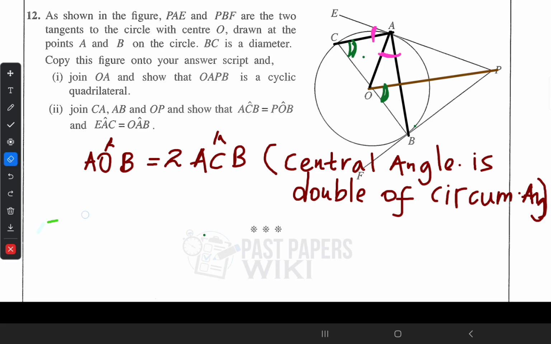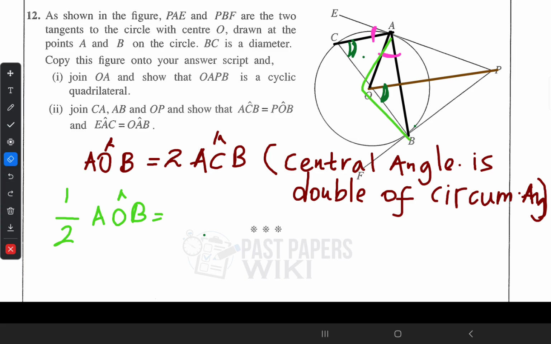So we can write half AOB equals POB. Wait a minute.